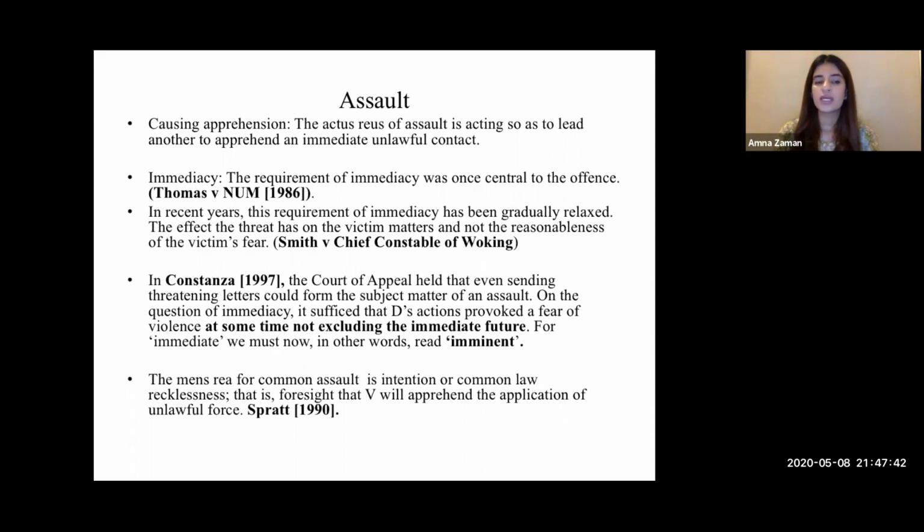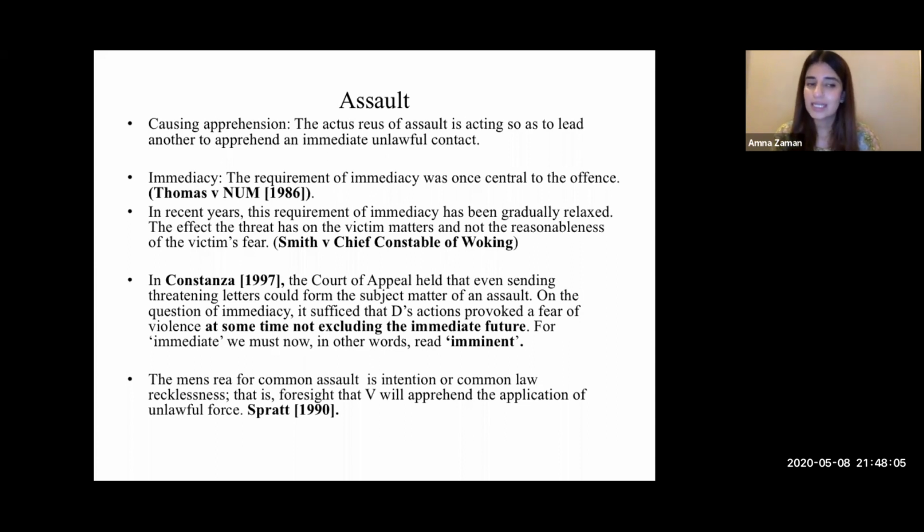That was the reason in Thomas against Mun why the court decided to not convict the defendants of assault, because the defendants were in a position that they could not have brought their threatening gestures into action, because the victims were basically guarded by the police.